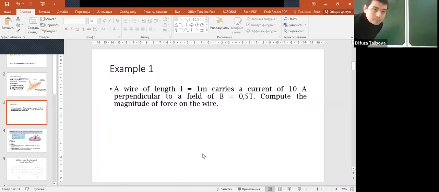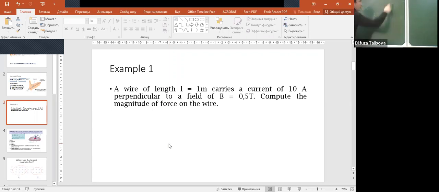So can you calculate this one, guys? I think yes. So force is equal to B multiplied by current multiplied by length of the wire and the sine of theta. So we have B, I, L, and theta.